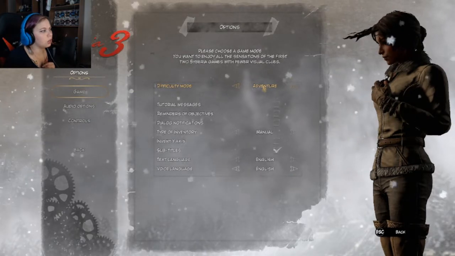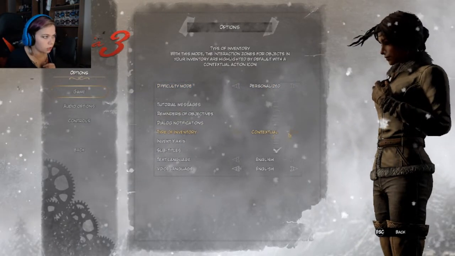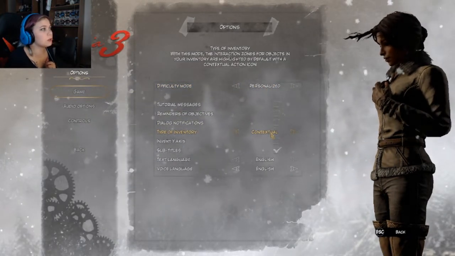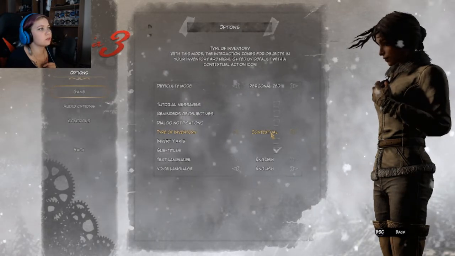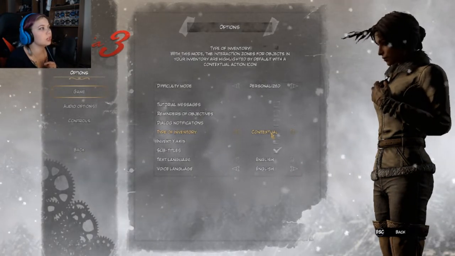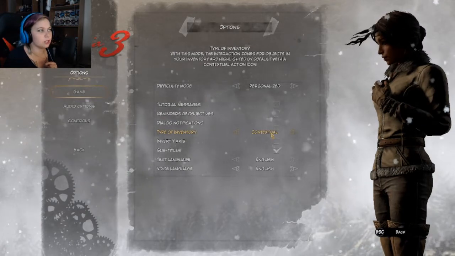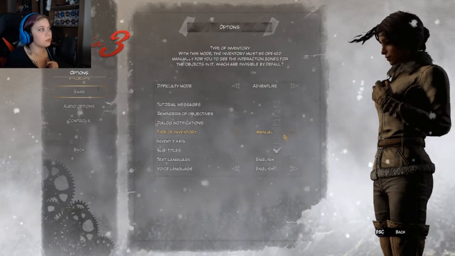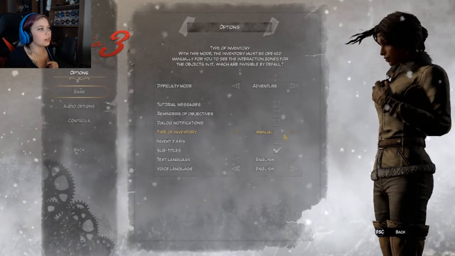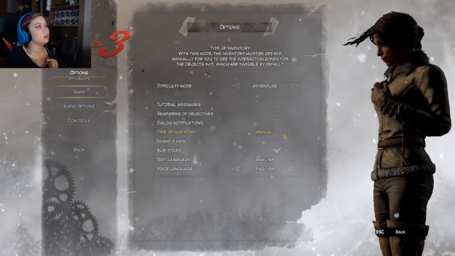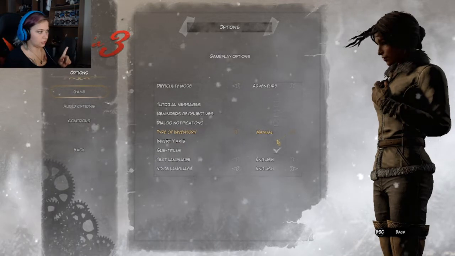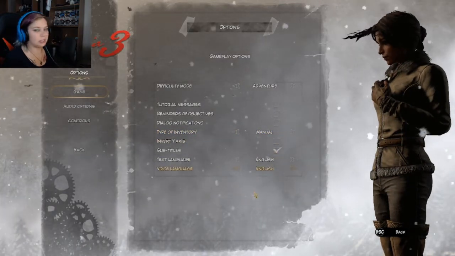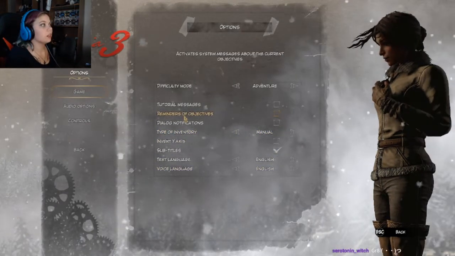Huh. Type of inventory, manual, contextual. With this mode, the interaction zones for objects in your inventory are highlighted by default with contextual action icon. With this mode, the inventory must be opened manually for you to see the interaction zones for the object. I'm going to leave it at that, because that seems more like Syberia 1 and 2.